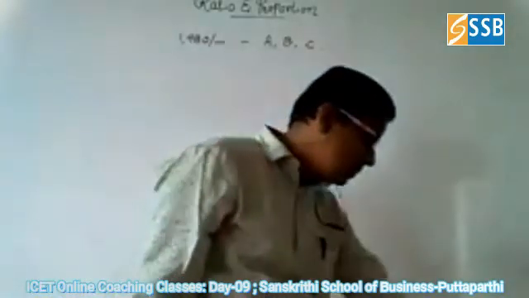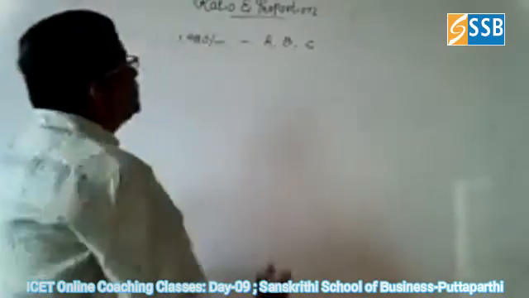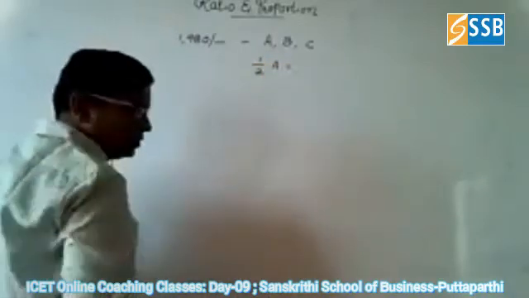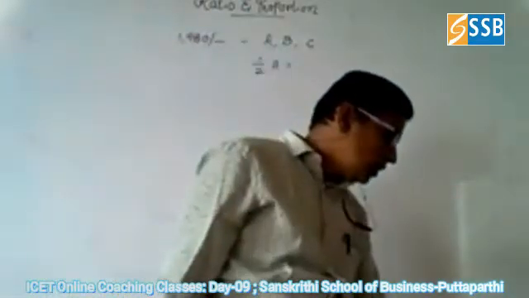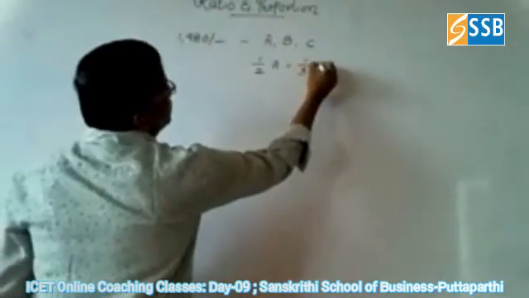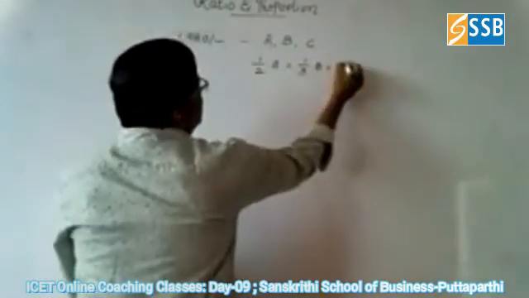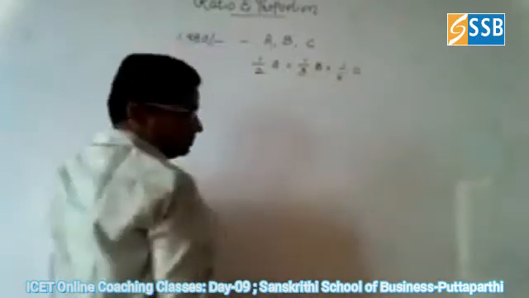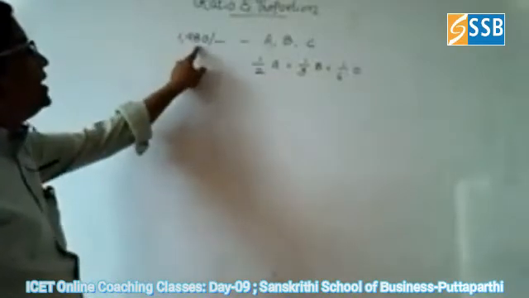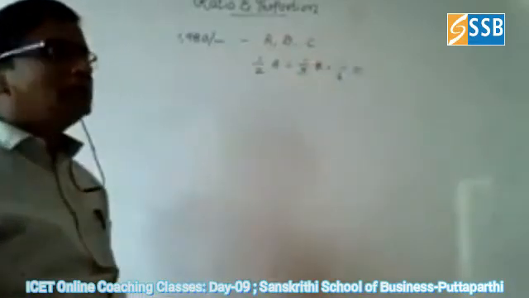1,980 rupees is divided among 3 persons A, B, C, in such a way that half of A's part is equal to 1/3 of B's part, which is equal to 1/6 of C's part.